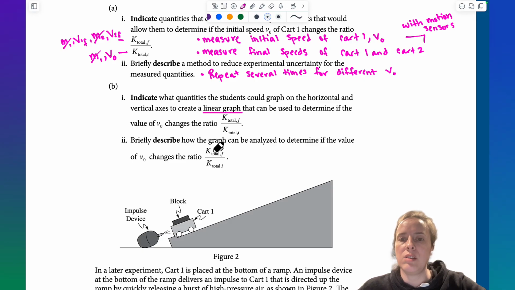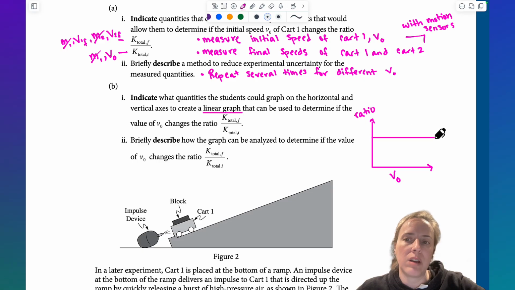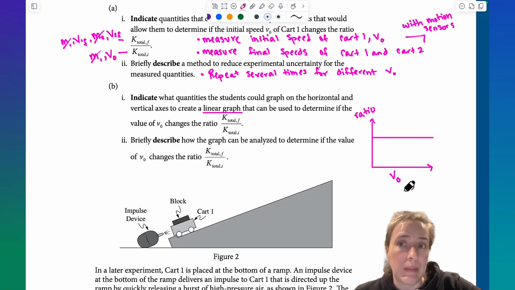So for I and I2, if I graph for all of the different speeds V naught, and then I look at the ratio, if my speed does not change the ratio, I'm going to get the same value for that ratio the whole time.